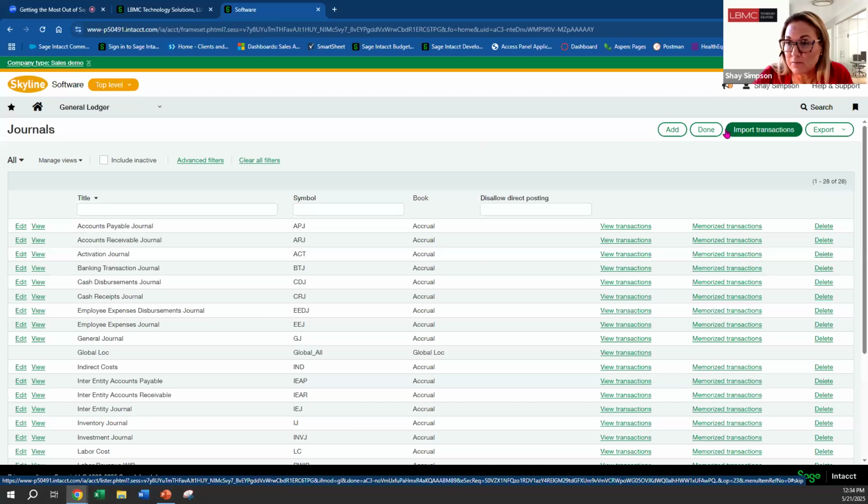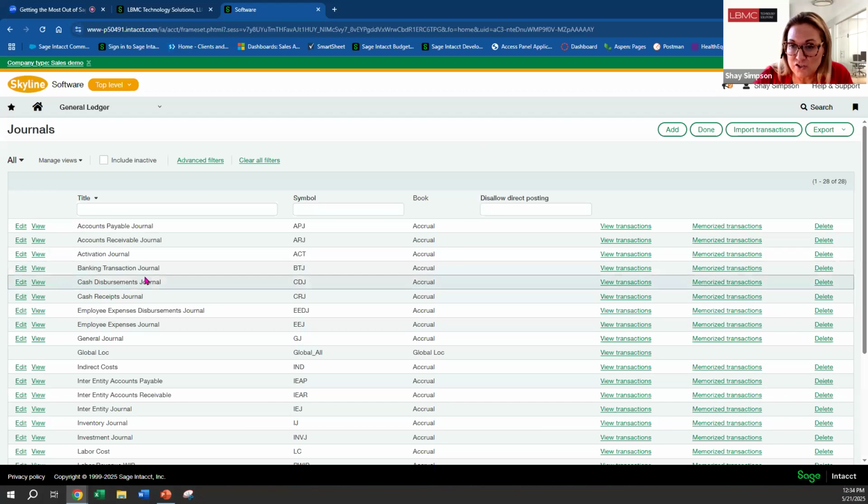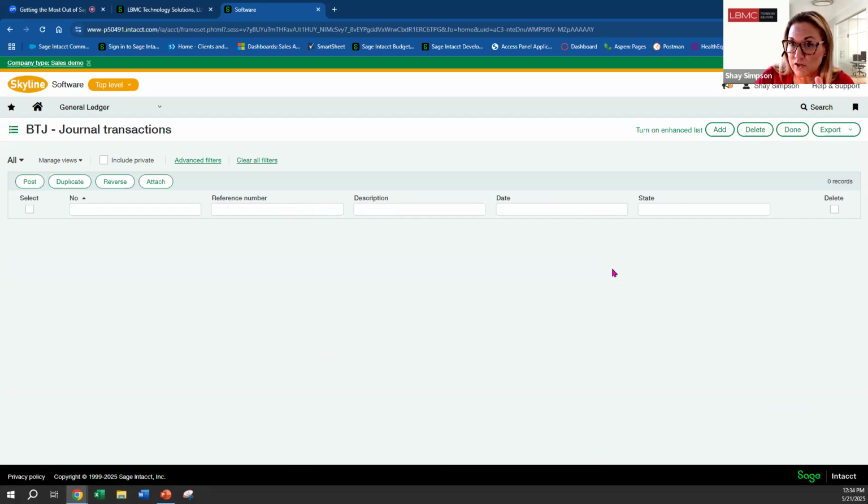In that particular example, I wouldn't set it as a cash disbursement journal. I would tag it to this banking transaction journal. That way I can very specifically see all of my automatic creation journals. I can literally go into view transactions and see all of them right here.